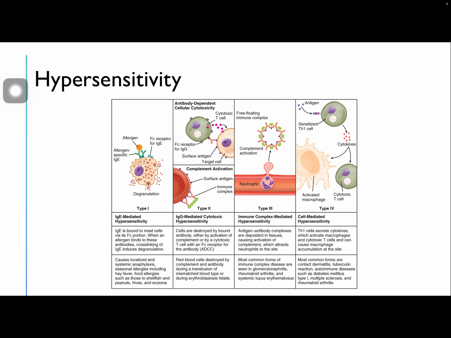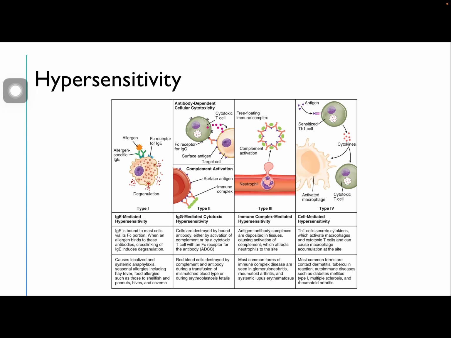Okay, the next type is going to be the cell mediated or IgG mediated cytotoxic hypersensitivity. So IgG mediated, this is now where we can have IgG antibodies that we have present causing a hypersensitivity. And this is found primarily, the best way to describe this is going to be our blood incompatibility.